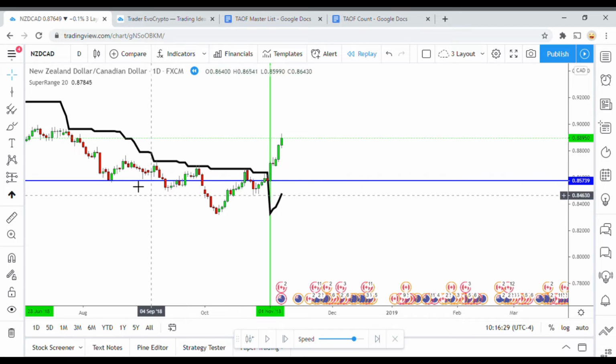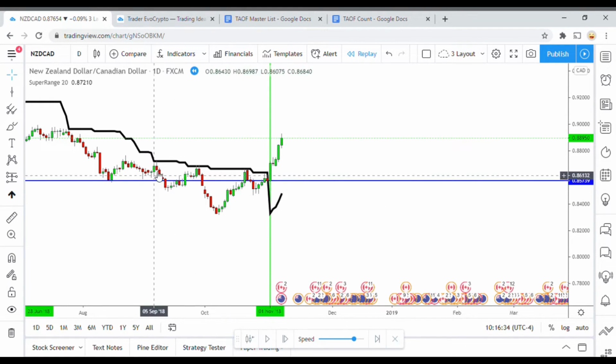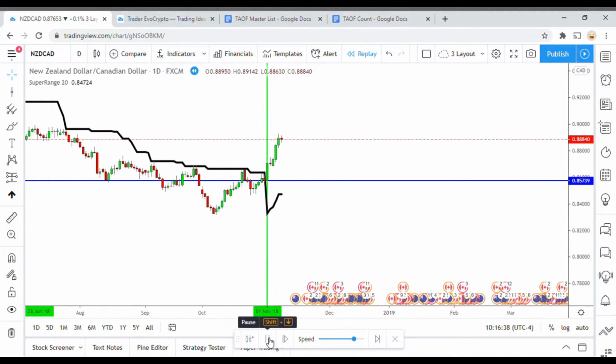There we go. This is why I don't rely on price action as my bread and butter when it comes to entering trades and trade signals.